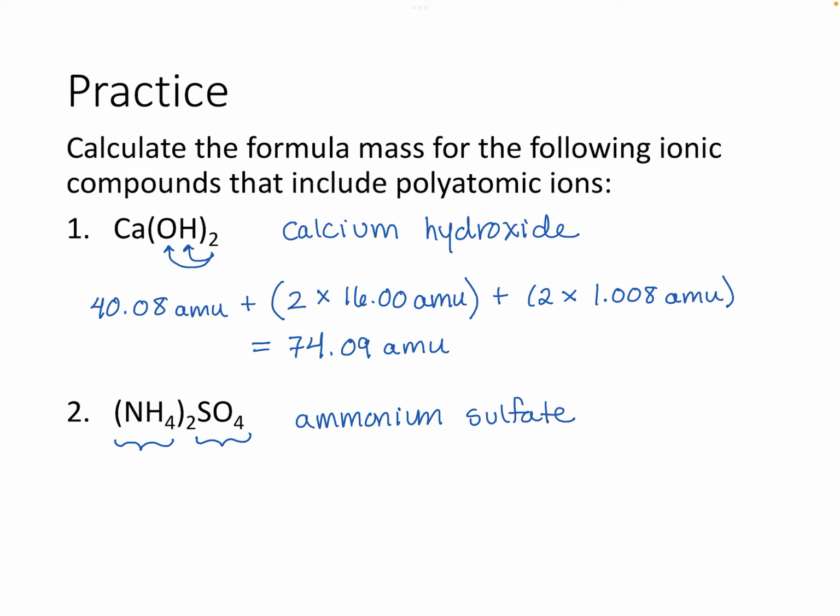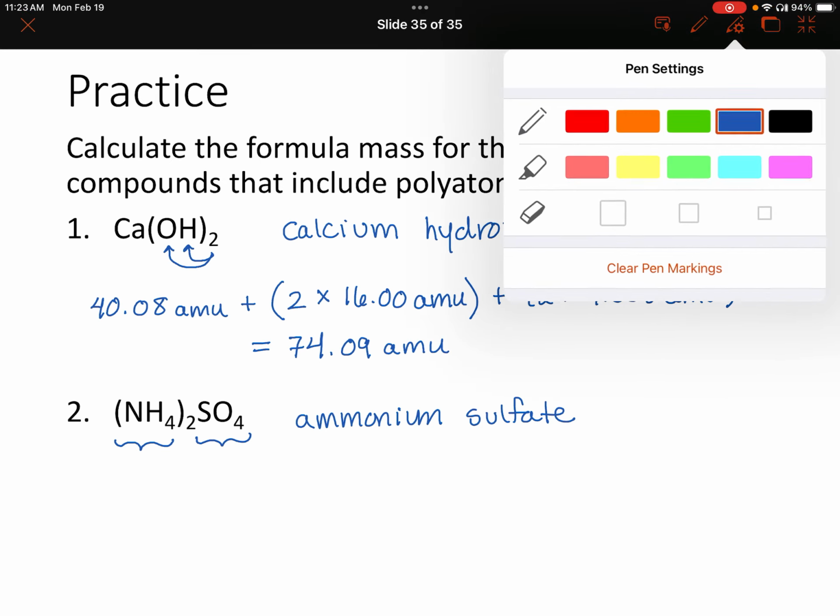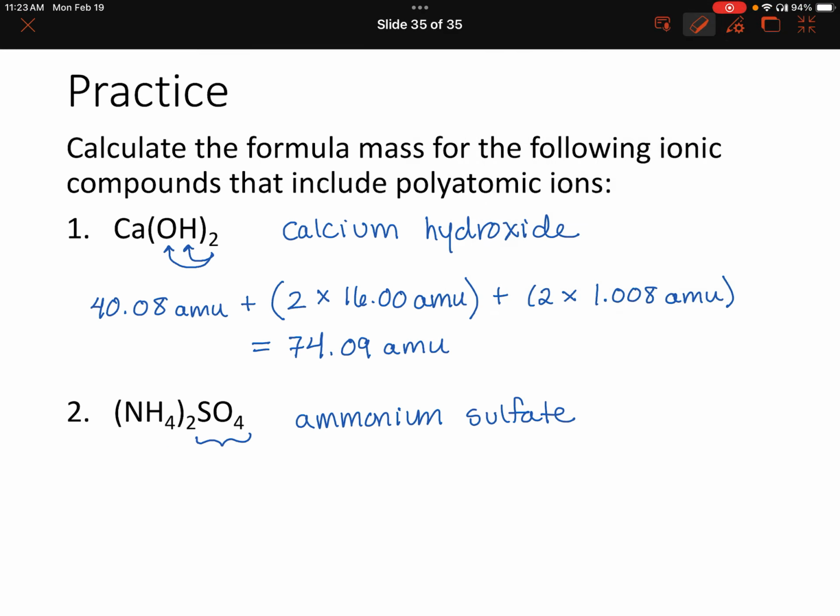All right, so notice that we do have a 2 outside of our ammonium parentheses here. So we do want to multiply nitrogen by 2. And we have 4 hydrogens, but we want to multiply that by 2 as well. So we actually have 8 hydrogens.